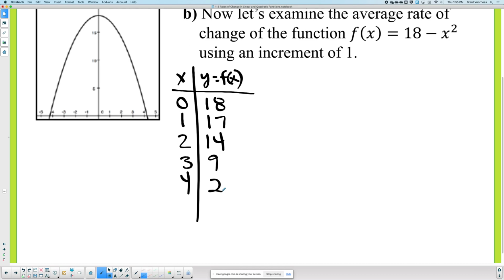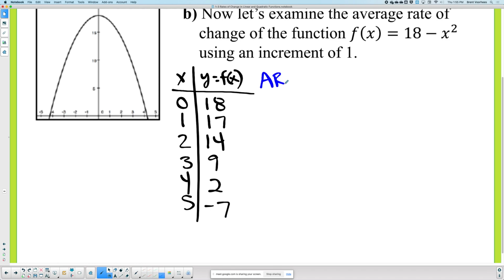Stop there. We want to throw in another one. One more. Let's do one more just for good measure. More than last time. What's 5 squared? 25. So 18 minus 25 is -7.